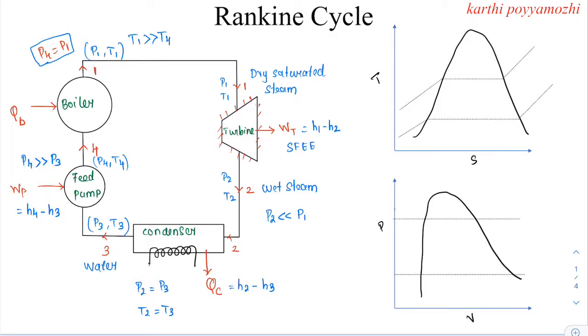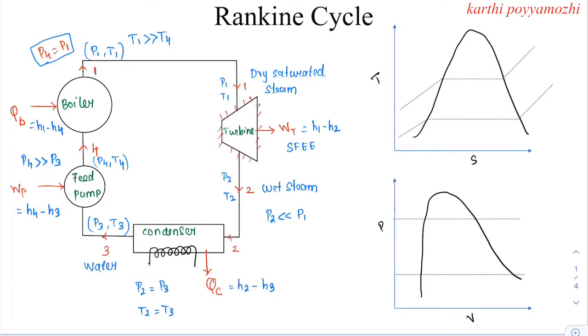And the heat which is given to this boiler will be H1 minus H4. And again this dry saturated steam is given to the turbine and this process continues. That is, there will be a cyclic process taking place.